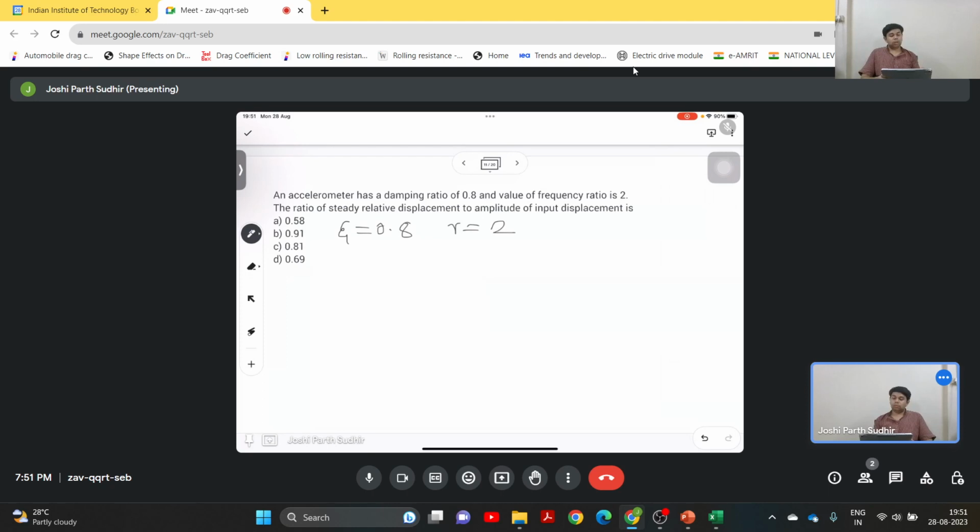So we again go back to our original equation of the ratio of the steady state relative displacement to the amplitude of input displacement.